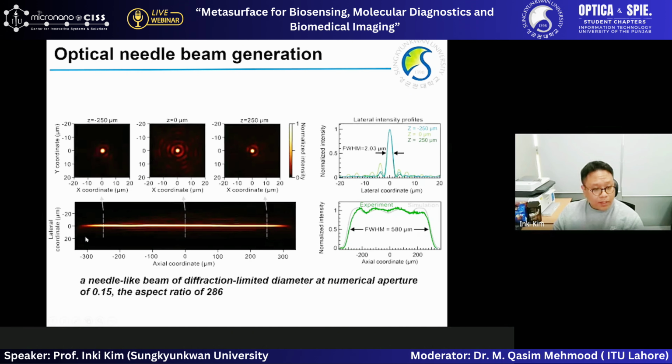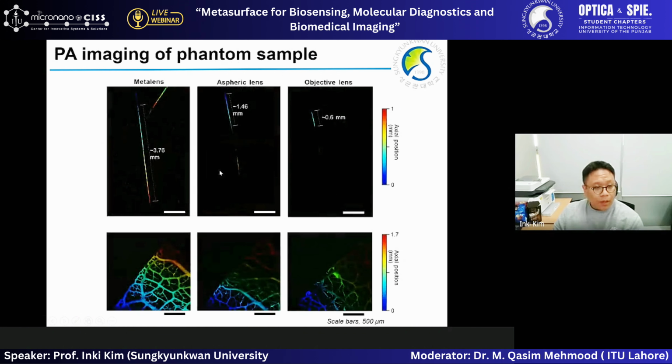This is the PSF measurement without diffraction. It can propagate like a needle. Compared to a simple aspheric lens or objective, our metalens is useful for depth imaging, and also with this simple leaf, we can see deeper using our metalens.